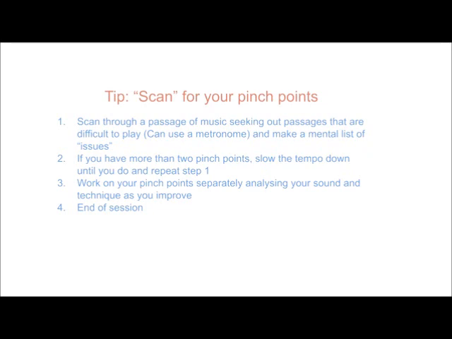So step 2, if you've got more than 2 pinch points, slow the tempo down until you have only 2, and then go back to step 1. Step 3 is to work on your pinch points separately, analyzing your sound and technique as you improve.